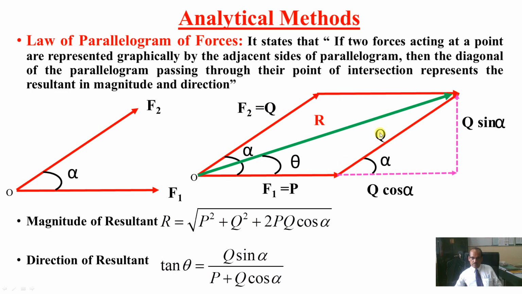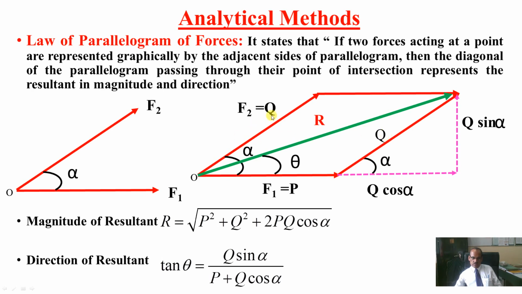Okay, this is Q, and this is P, because this side and this side are the same. Alpha is the angle between the two forces, and theta is the angle made by this diagonal, that is the resultant, with force P. This line and this line are parallel, and that's why this is also alpha.